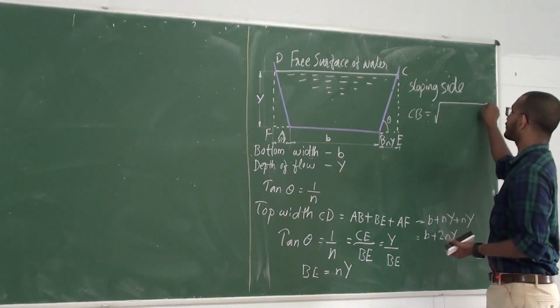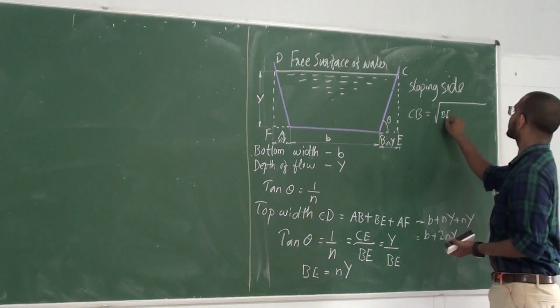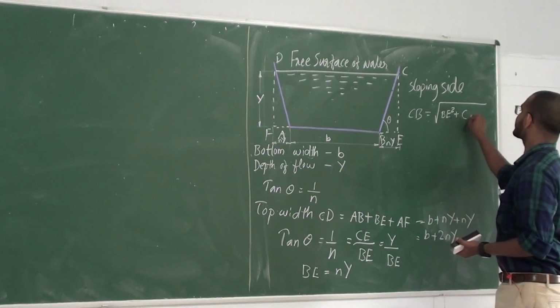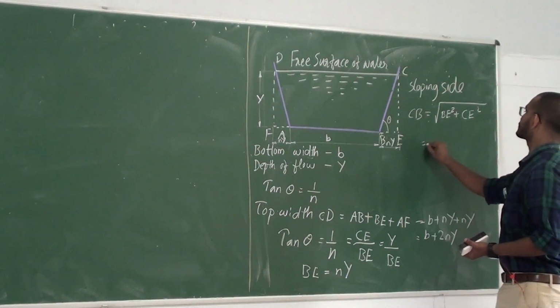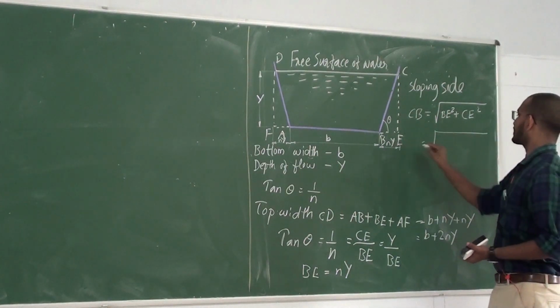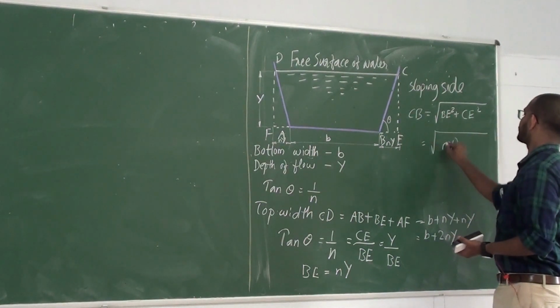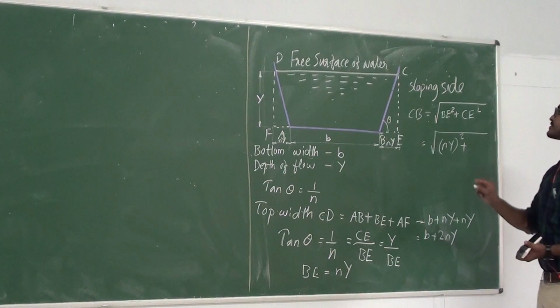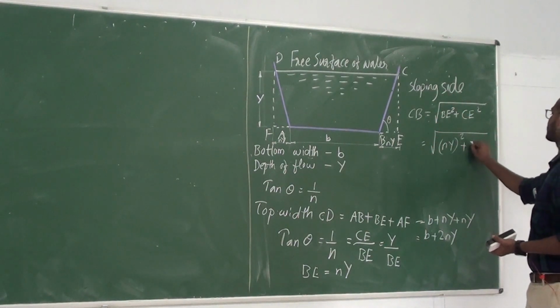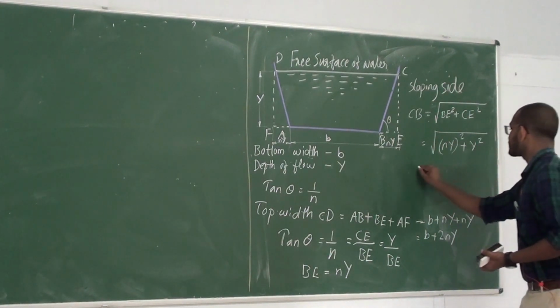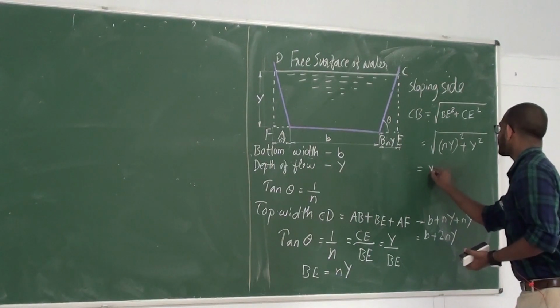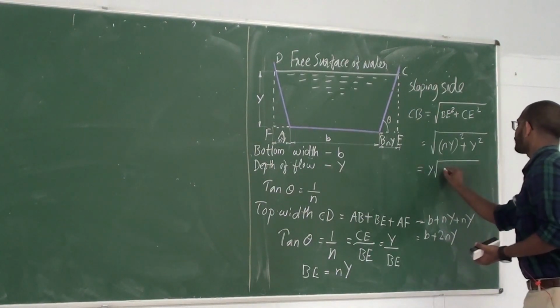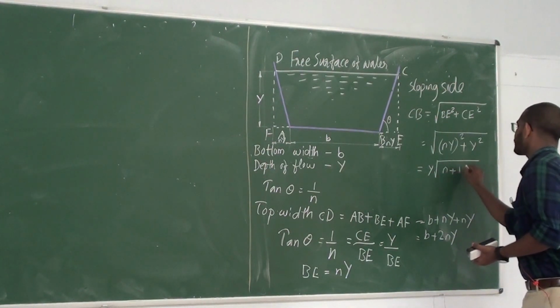So that is square root of BE square plus C square. This is equal to square root of, B square is nothing but NY the whole square, plus C square. C square is Y square. So this is equal to Y into square root of N square plus 1.